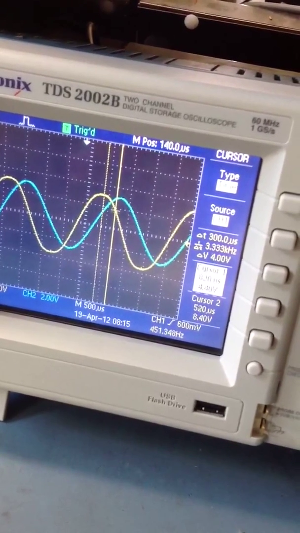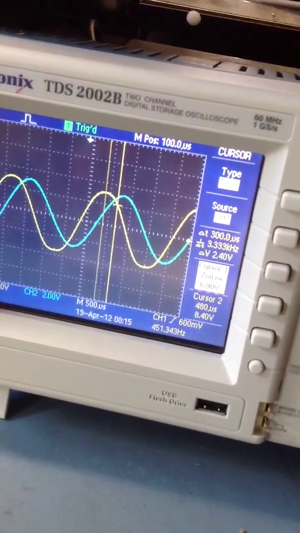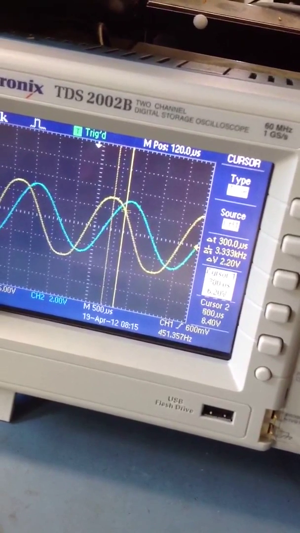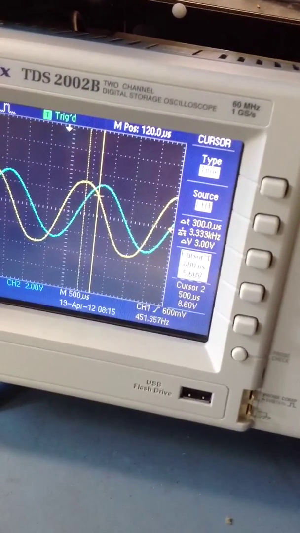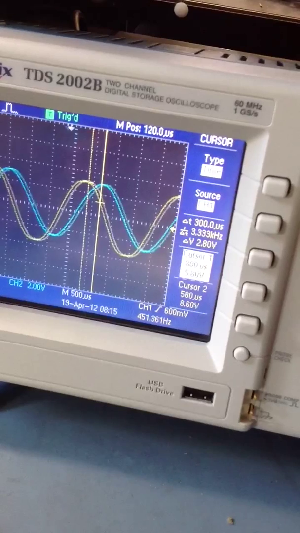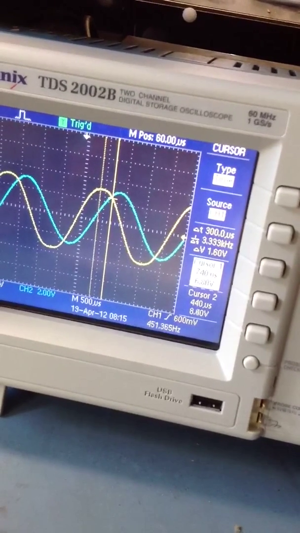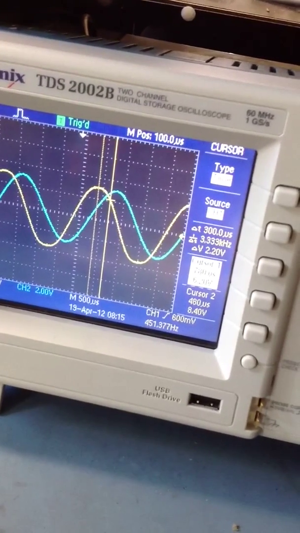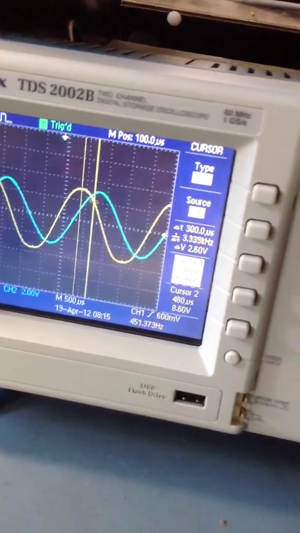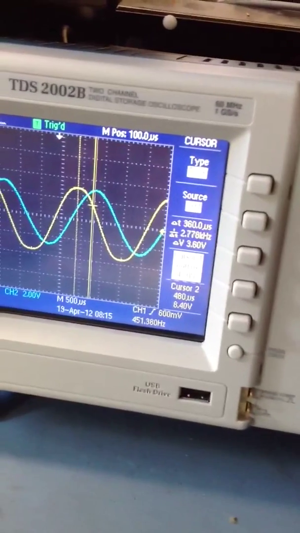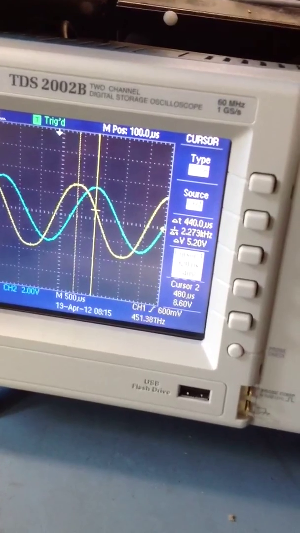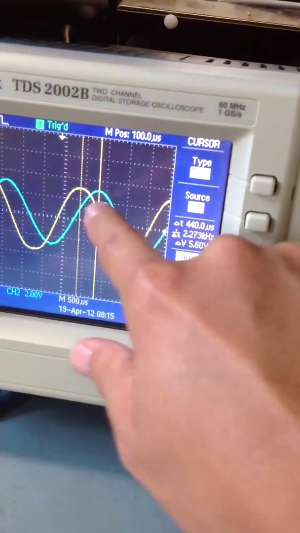Got peak. Peak. This one. Moving this one now to that peak. And so they're both at the peak.